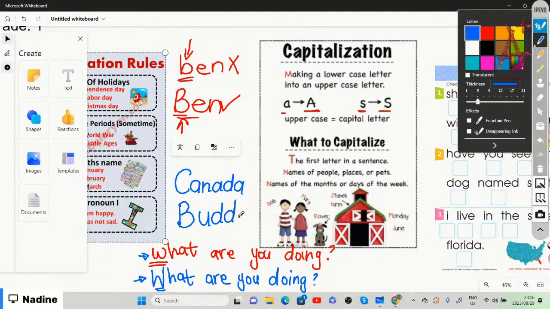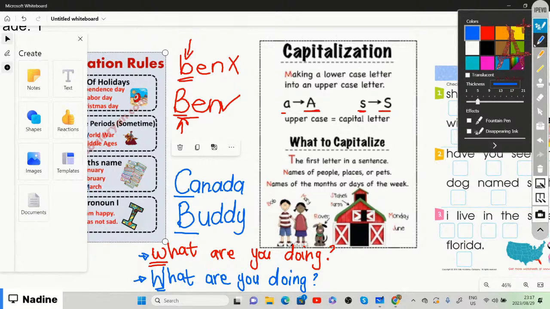And remember, we don't capitalize all of the letters. We only capitalize the first letter of the word. So Canada, the name of a place, the first letter is capitalized. Buddy, the name of a pet, the first letter is capitalized.